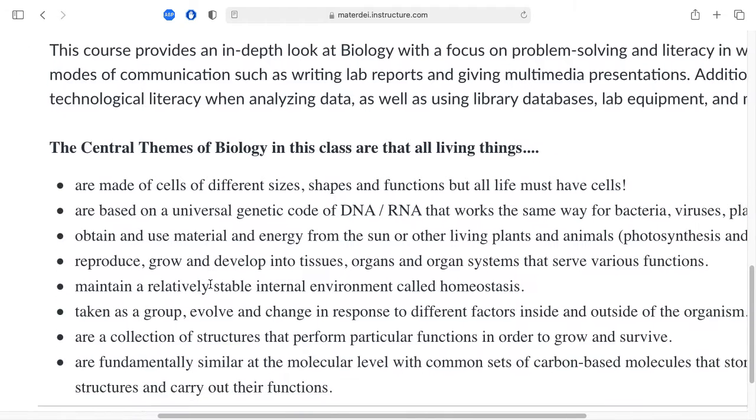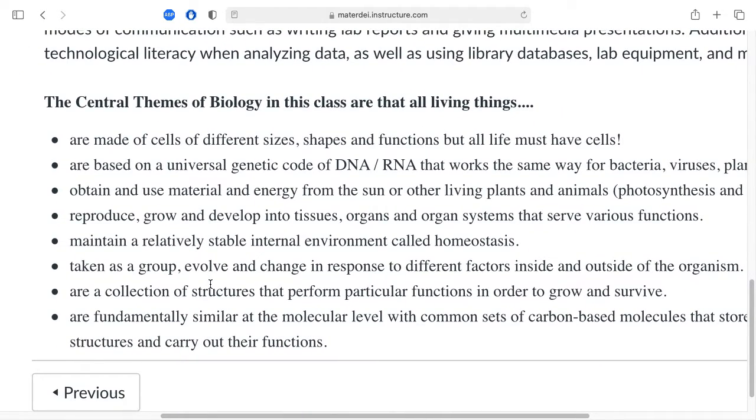And the central themes that we're going to be talking about are at the cellular level, so we're going to study a lot about that. I even talked a little bit about DNA and RNA in that 10-minute introduction on Monday. So we are going to get to really understanding the code that is in these molecules.